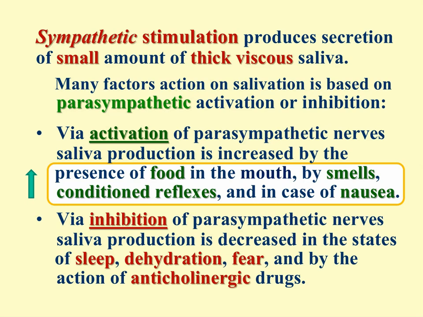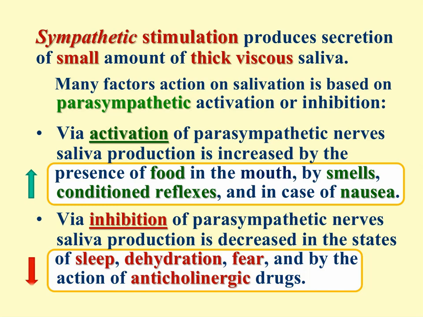Fear, strong emotions generally, and action of anticholinergic drugs. It's clear because they block muscarinic receptors responsible for stimulation of salivation by parasympathetic nerves. So these factors, sleep, dehydration, fear, and sometimes other strong emotions, and anticholinergic drugs, they all decrease salivation.